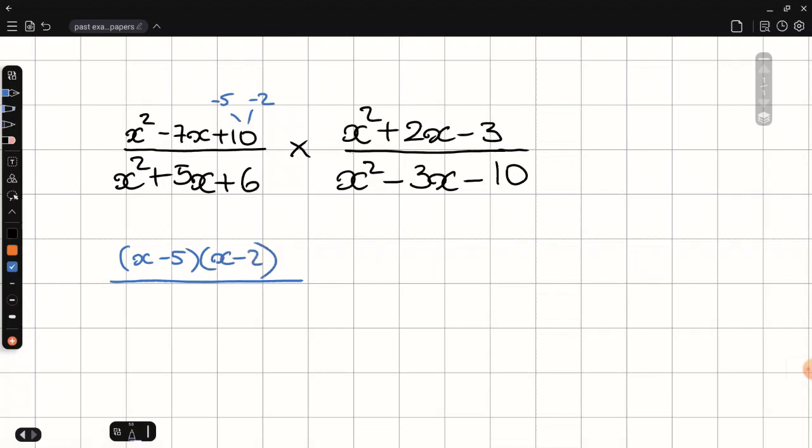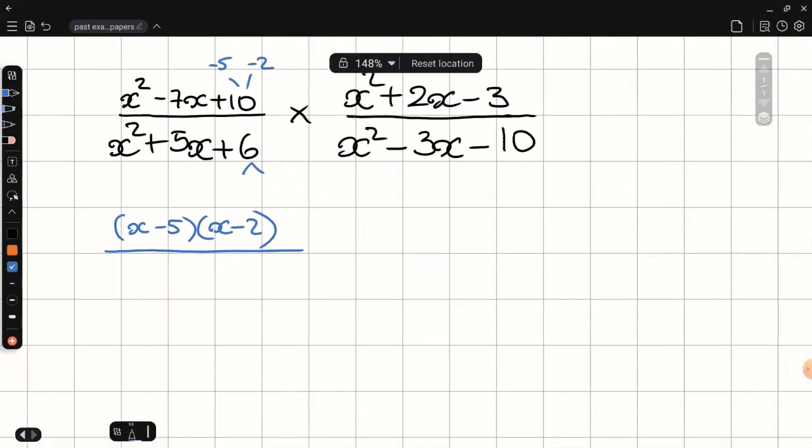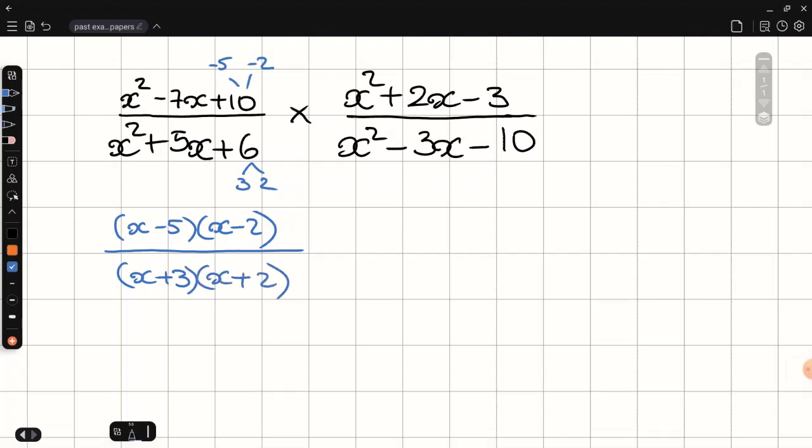And if you factorize the denominator, we're looking for factors of 6 that when we add them give +5, that is 3 and 2. So it factorizes as x plus 3, x plus 2. Okay, then let's factorize the numerator of the second fraction.